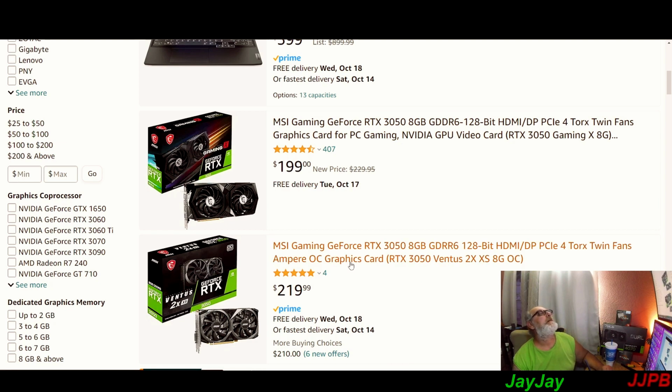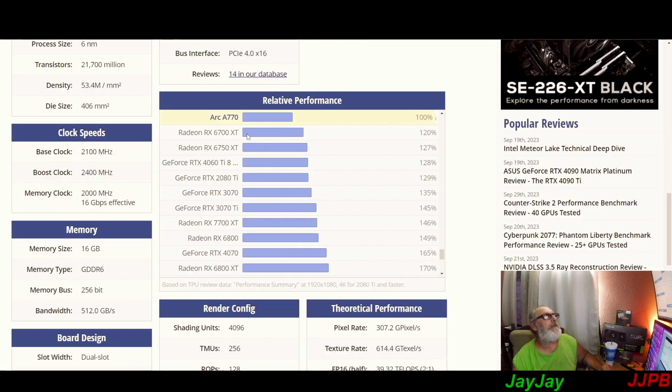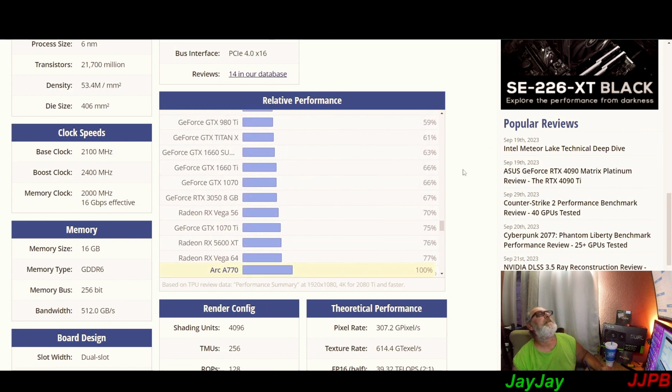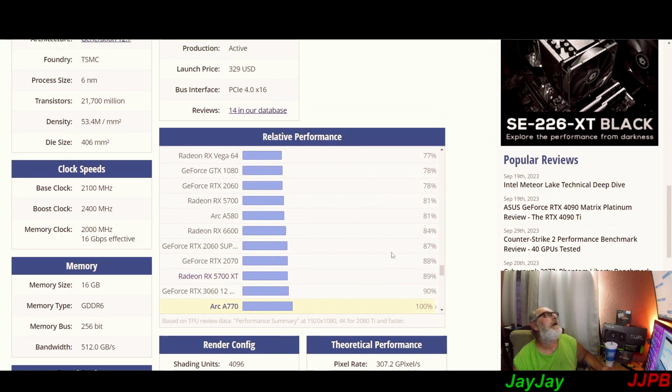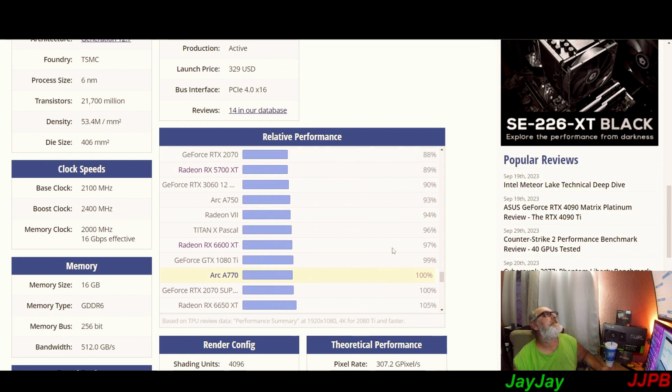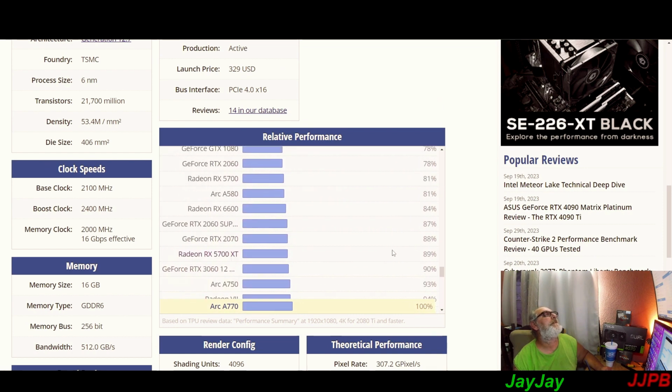So now you think about it, at the price point, you're getting 16, and feel me out on this. On the A770, let's see, where's the 3050?